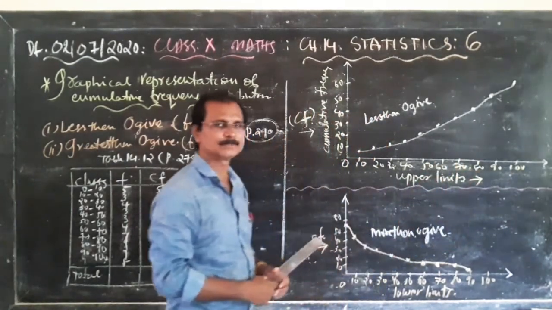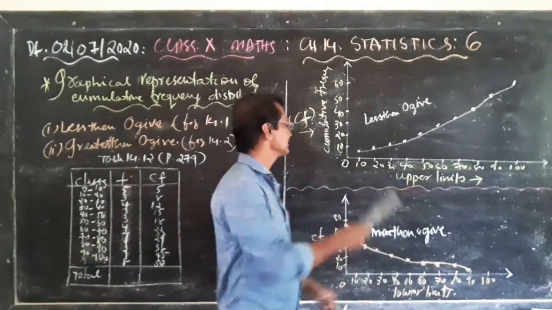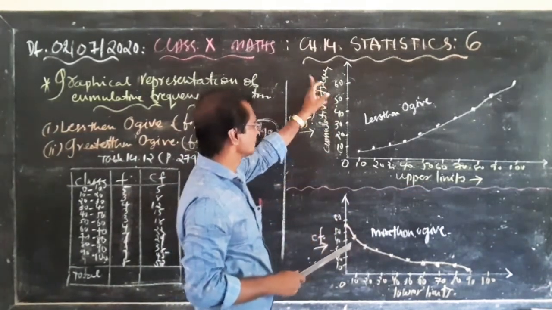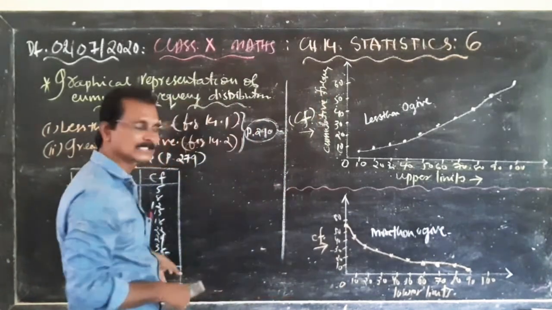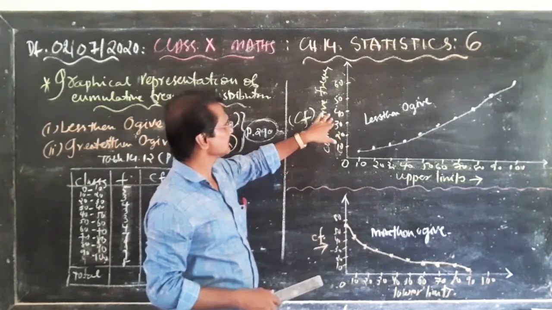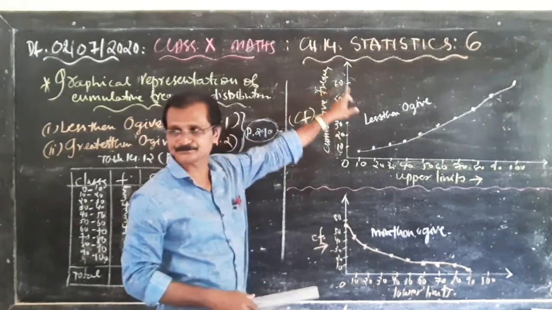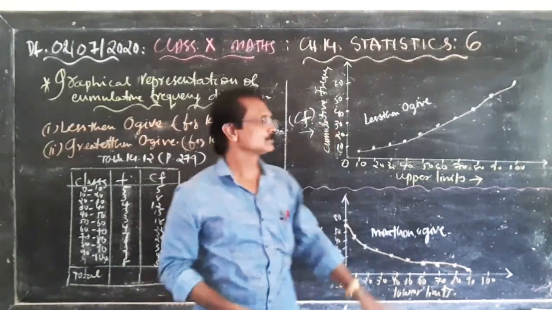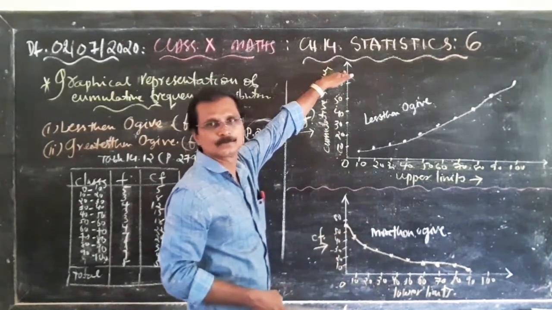So upper limits are represented on the x-axis and cumulative frequency on the y-axis. The total is 53, so take up to 60: 10, 20, 30, 40, 50, 60. Because the maximum cumulative frequency is 53, 60 is enough. Correct.